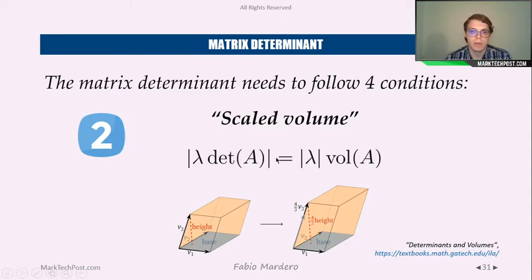Again, since the absolute value of the determinant is equal to the volume, we can say that the absolute value of lambda times the determinant is equal to the absolute value of lambda times the volume of A. So the volume can't scale with a negative number here, but the determinant can, since it's a signed volume.